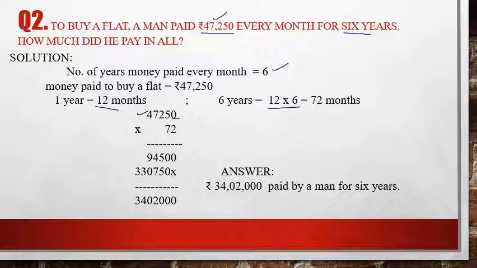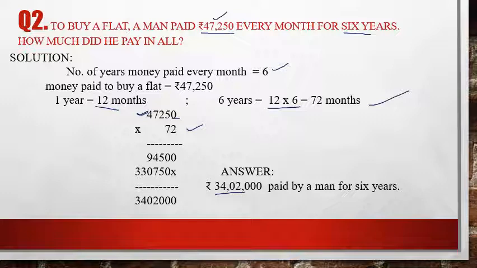So you will multiply the amount he pays each month by the total number of months. Or else, students, you can do one more thing. You can multiply the monthly amount to calculate for 1 year first, and then multiply that with 6. Clear? Both are correct. So the total amount he is paying is 34 lakh 2000.